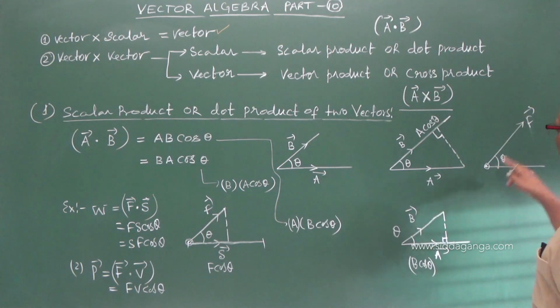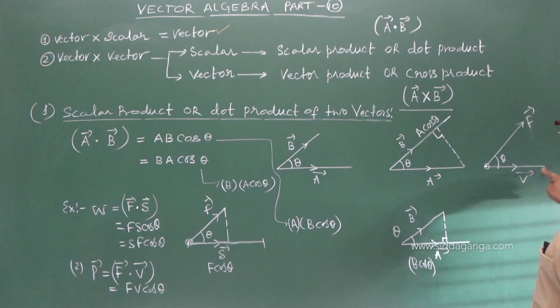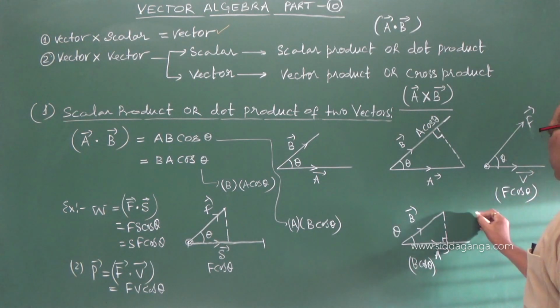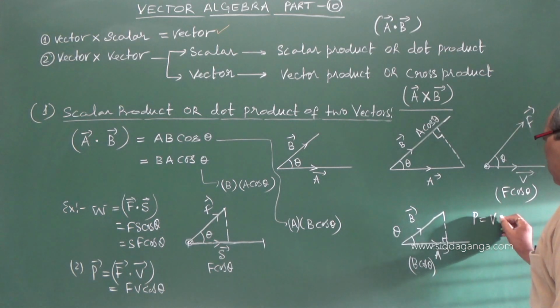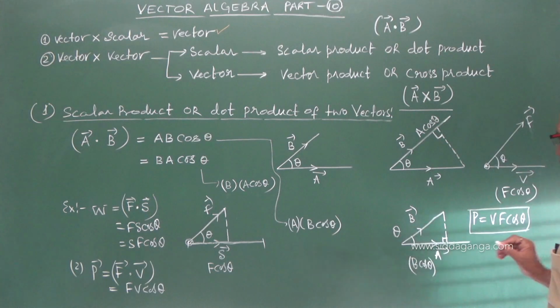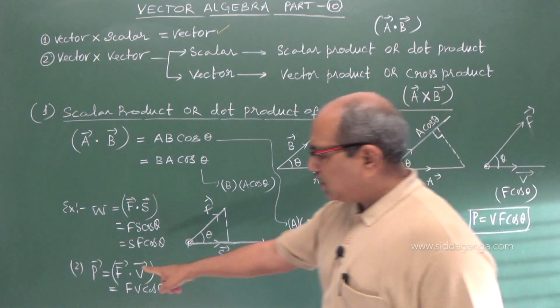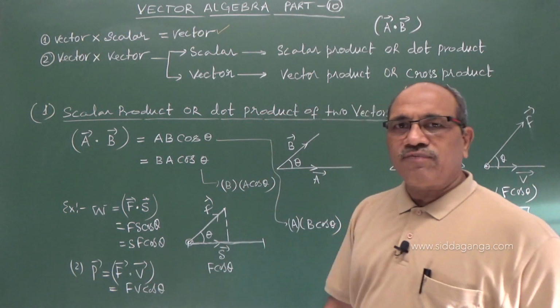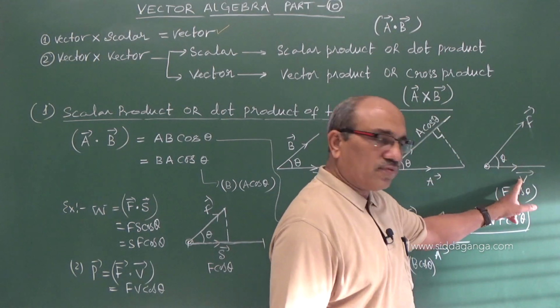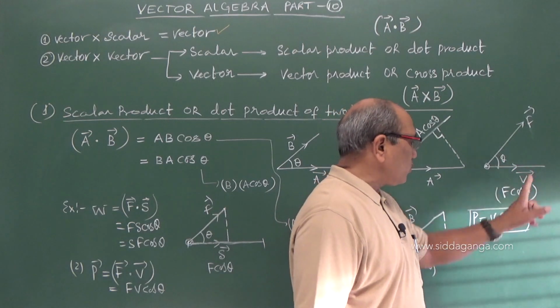Again, you want effective power, meaning effective force in the direction of velocity. That means F cos theta. Then power becomes V into F cos theta, which is the expression for power. That is what we have taken, F dot V: effective force in the direction of velocity into velocity.